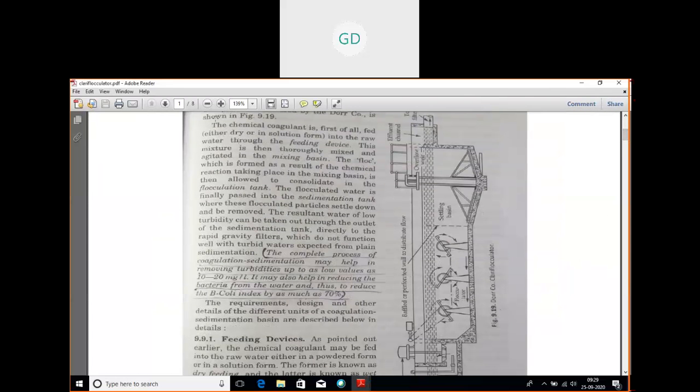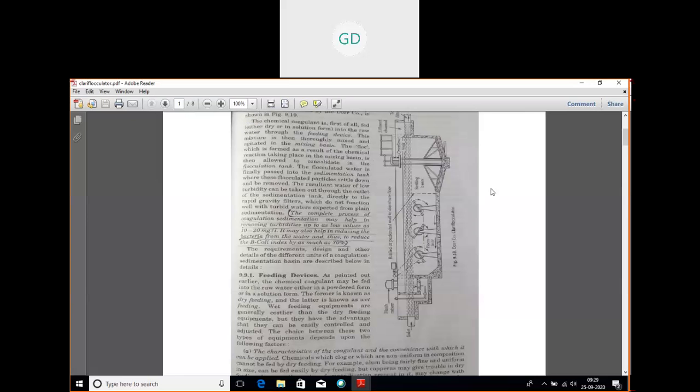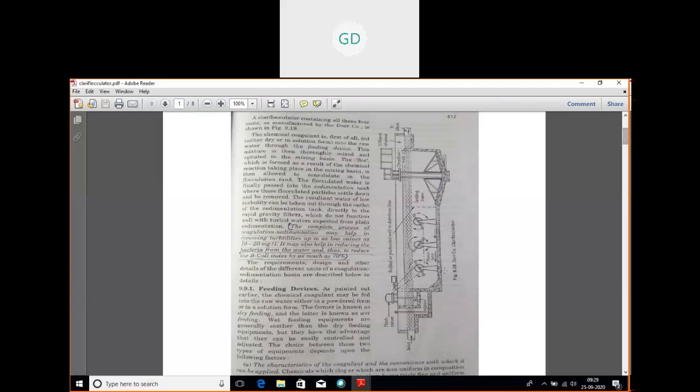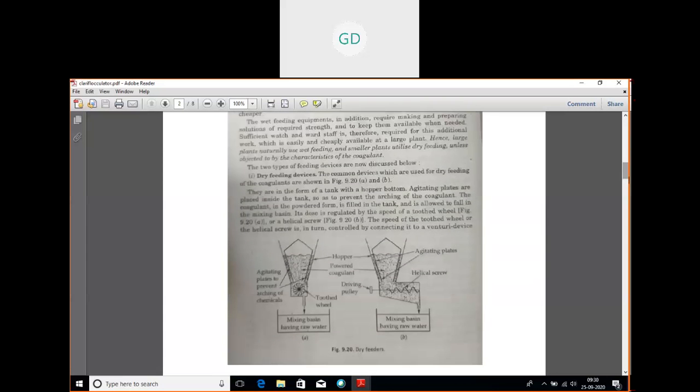This one is a clariflocculator, the whole machine. This is a section view, and here the feeding devices are like this.